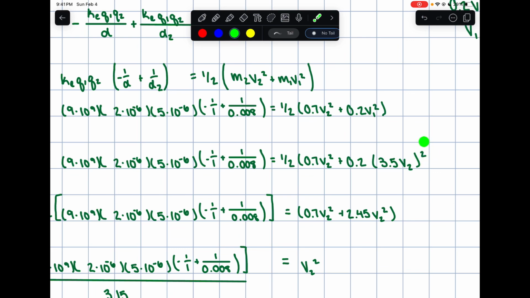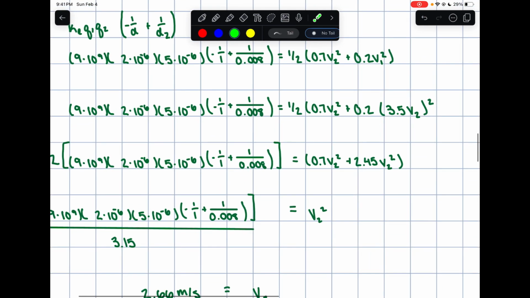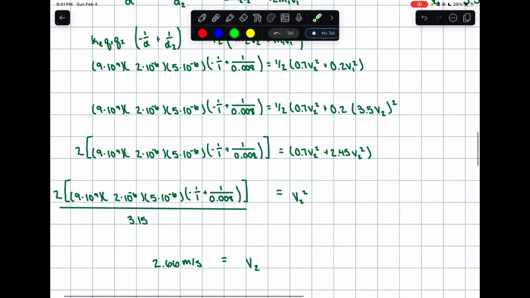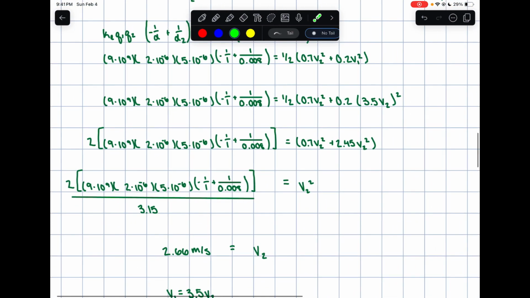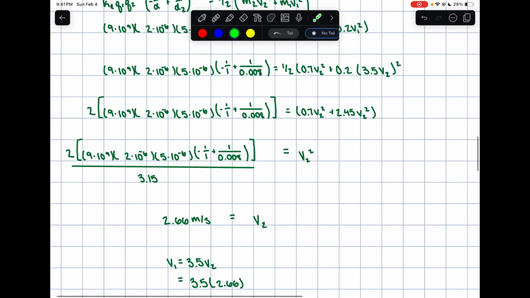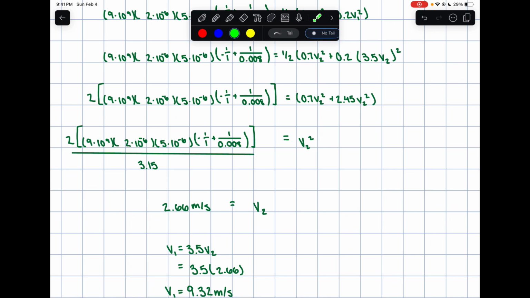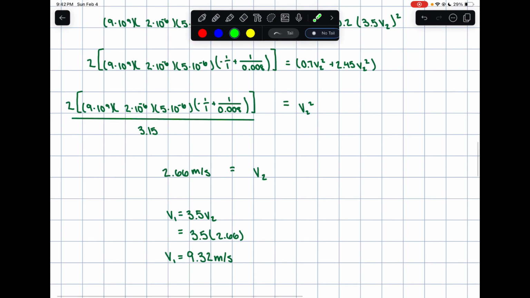Don't forget to square it. From there, it's a plug and chug in your calculator. We're going to multiply and square everything out. So we can start by squaring and adding these two, and then dividing, and then we're going to multiply the rest, and multiply it by 2 to get rid of that half, and from there, we're going to square root everything to get rid of this square on V2, and we get that V2 is equal to 2.66 meters per second.